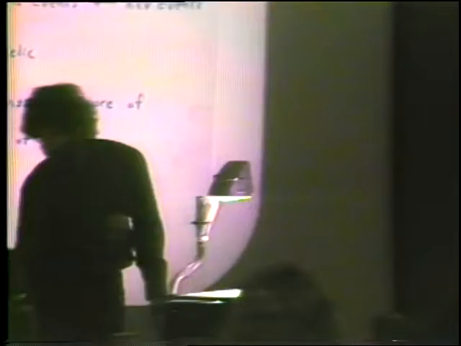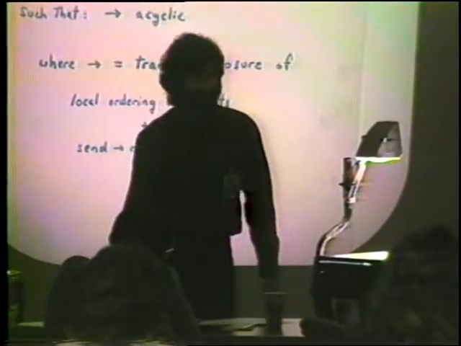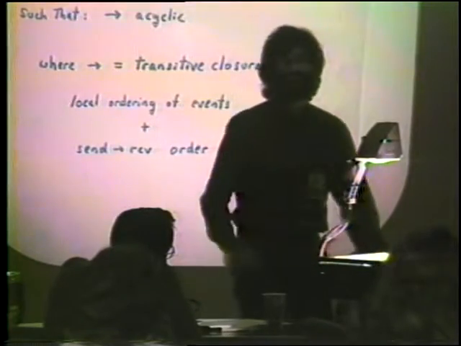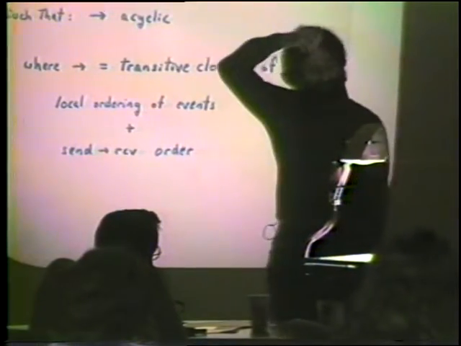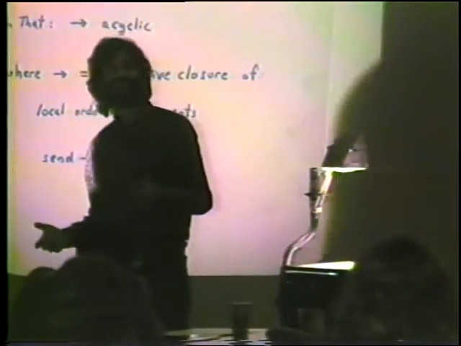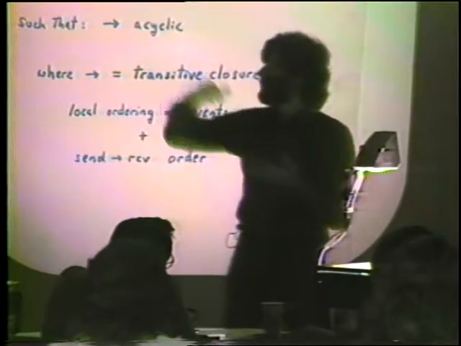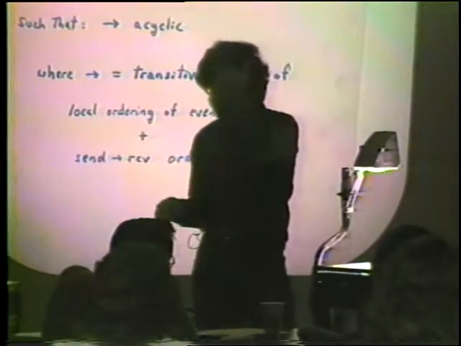Okay, now we're trying to take a snapshot, which means to find a global state. Now, if we have an interleaving history, then we know what the global states are, because the interleaving history tells us at each instant, that is between any two events, what the global state is.